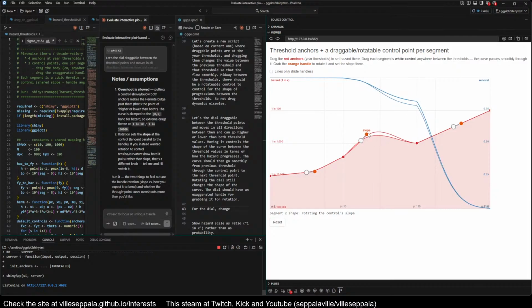There's one thing here that I'm not sure if I like. Like here, if I move this up, then this here in the left, if I move this up in the left of the dial, it goes down.